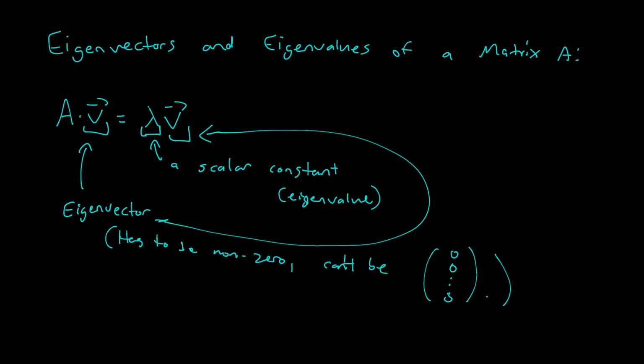The scalar constant lambda is called an eigenvalue, and the vector v is called an eigenvector. And one thing about the eigenvector is that it has to be non-zero, so it cannot be the zero vector. An n by n matrix can have up to n different eigenvectors, each with its own eigenvalue.